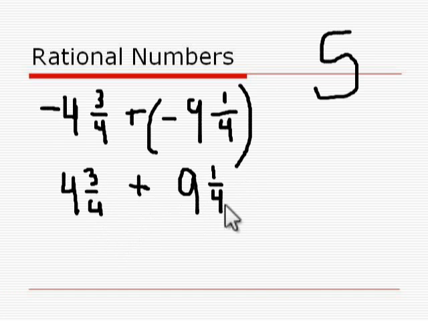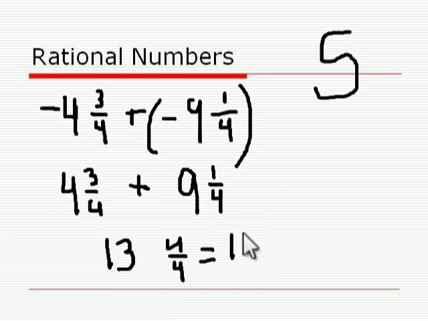Okay, so 3/4 plus 1/4. Remember, I add the fractions. That's 4/4. And 4 plus 9 is 13. 4/4 is an improper fraction because the numerator isn't smaller than the denominator. So I'm going to change that to 13 plus 1, which is 14.